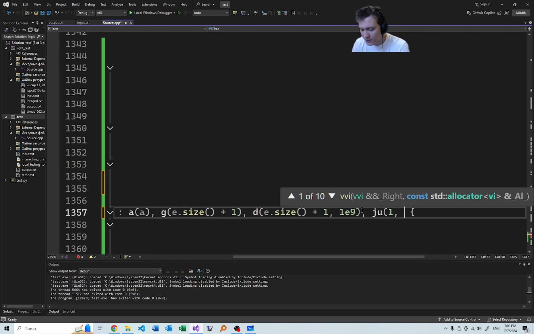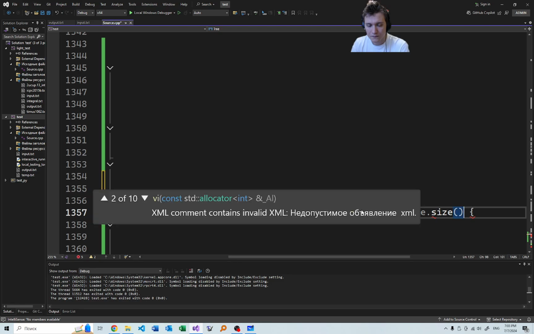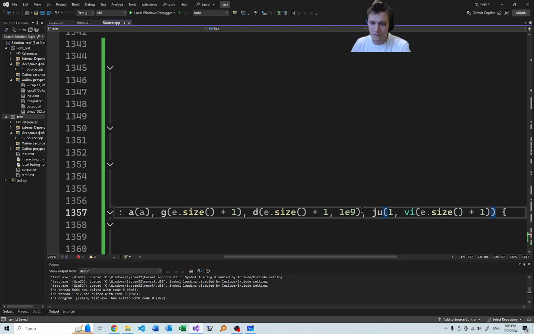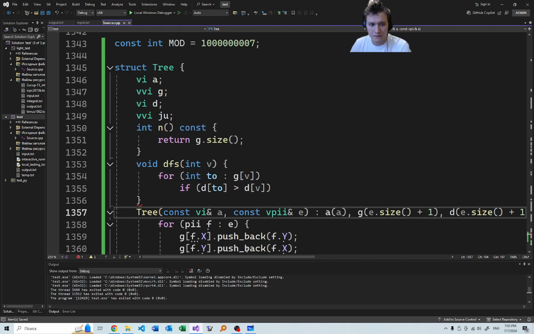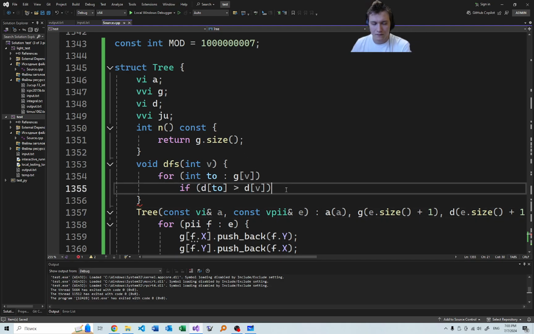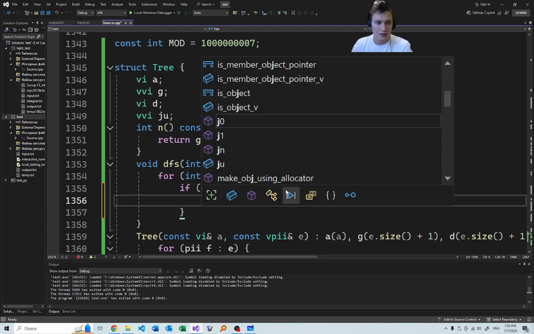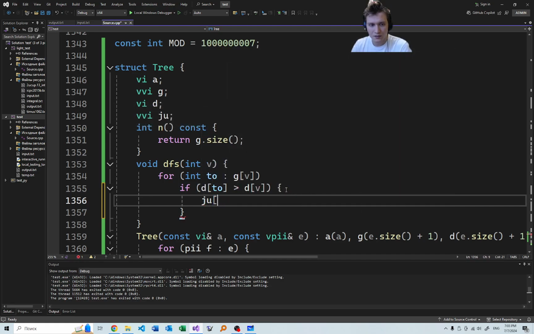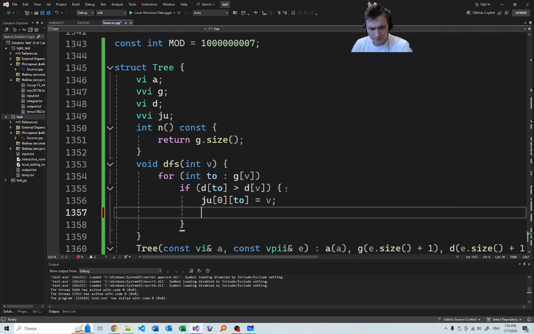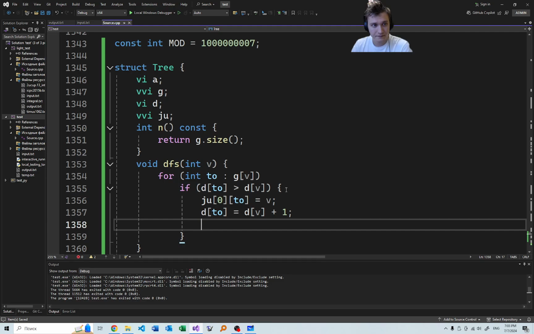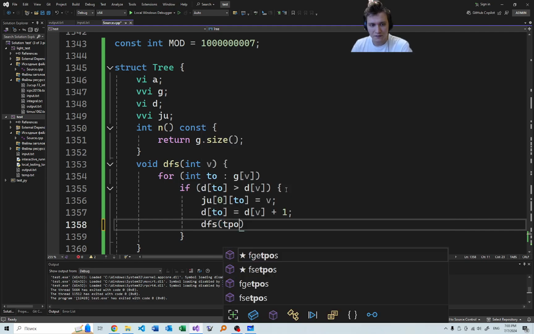So jump will contain parents, initial parents. So here we say that jump[0][z] is v, depth of z is depth of v plus 1, and we run DFS of z.